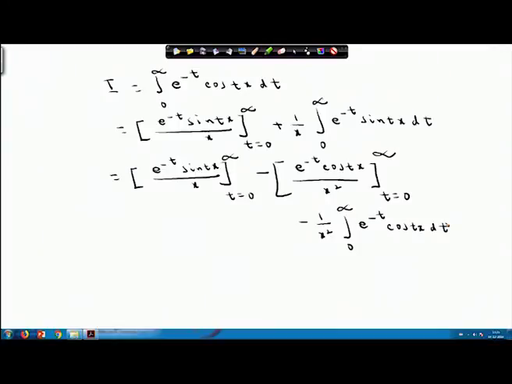Therefore, this portion is nothing but I, and once this is I, I am bringing that to the other side.